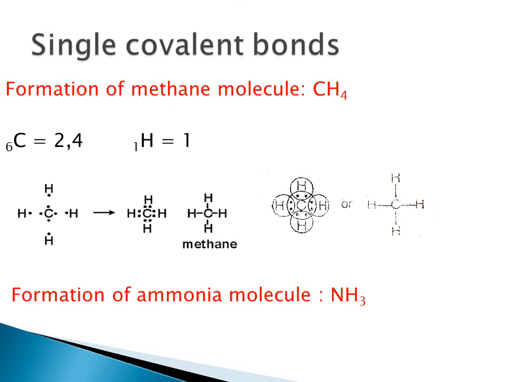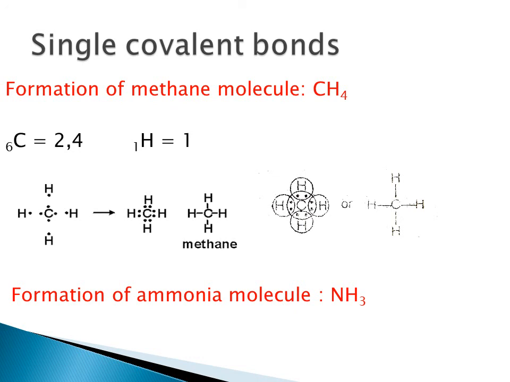Again, as we can see in the diagram, overlapping of valence shells takes place and sharing of electrons happens. It means one carbon atom shares 1 electron with each of the 4 hydrogen atoms, and each of the 4 hydrogen atoms also shares 1 electron with carbon.